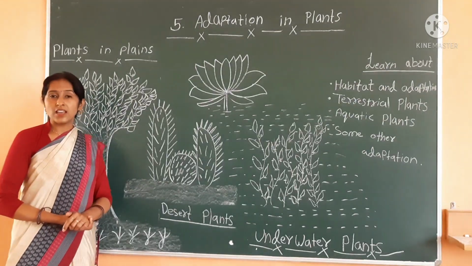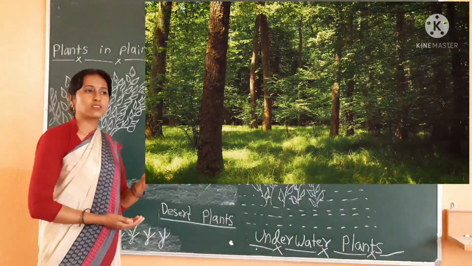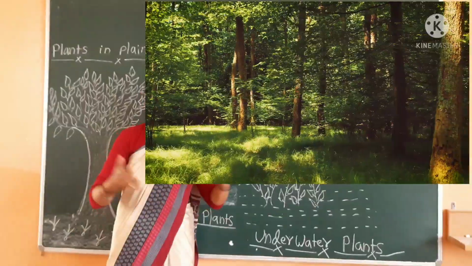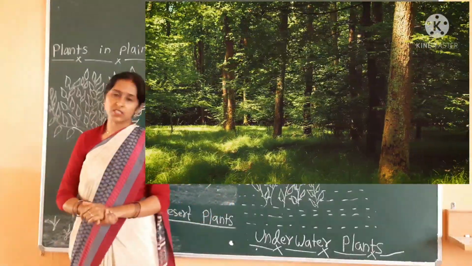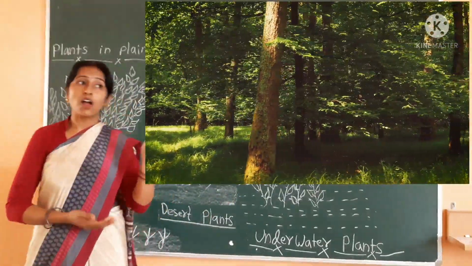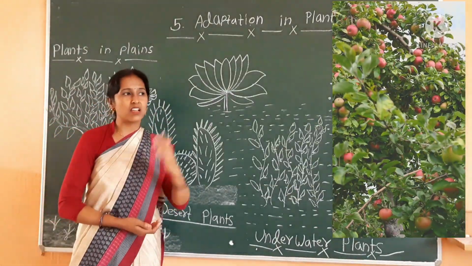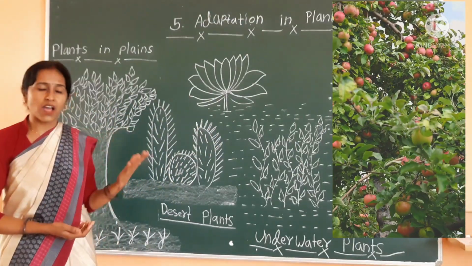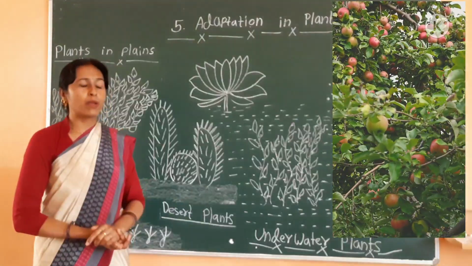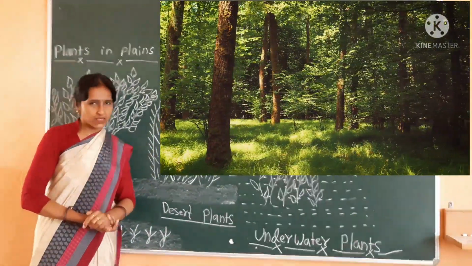The first one is plants in plains. Plains are where we live, those areas, the huge flat landmark is known as plains. We see lots of plants like guava, mango tree, banana tree, lychee, all of them mainly grown in plain areas.